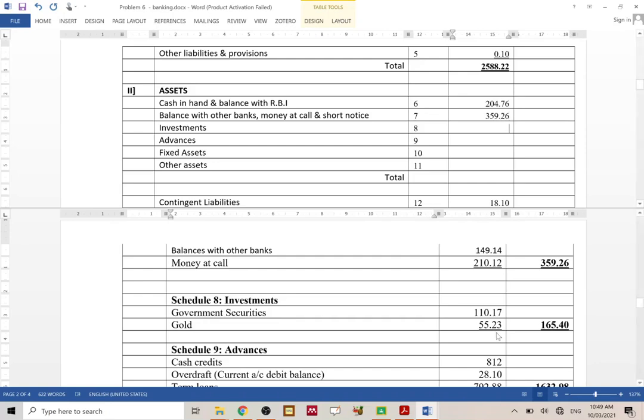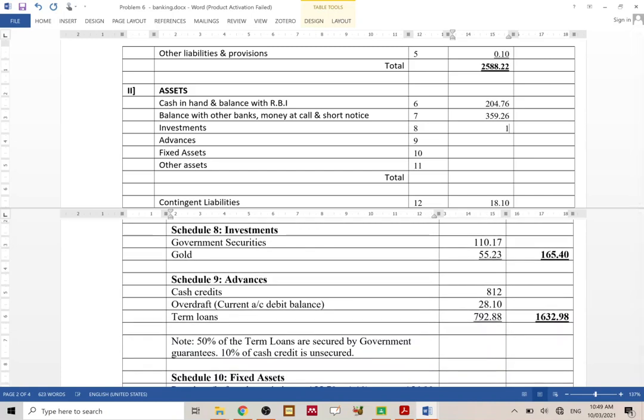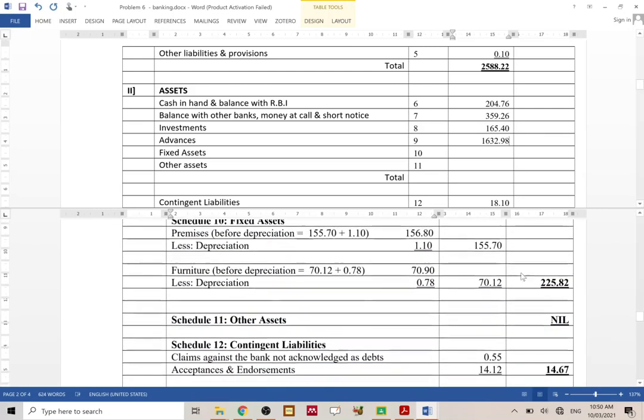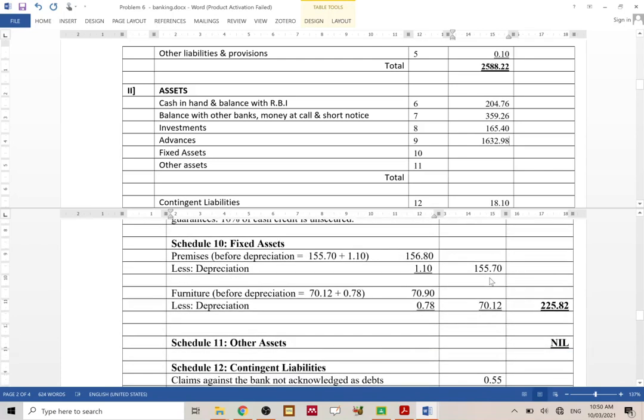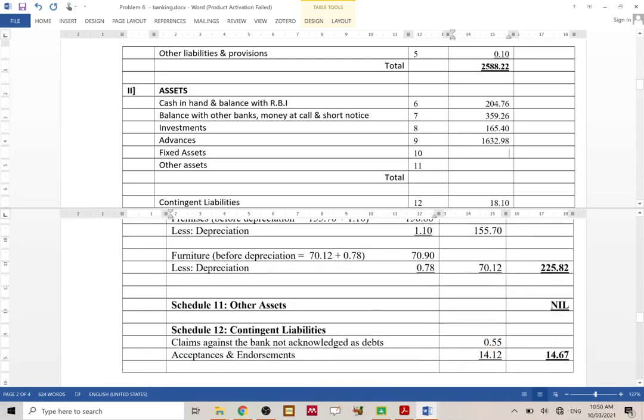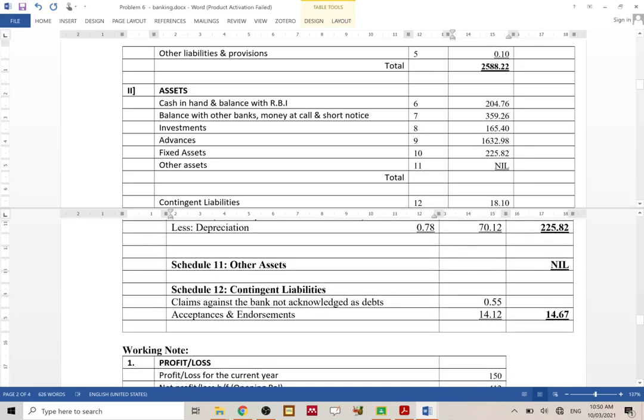Then investments 165.40, and advances 1632.98. Okay, fixed assets is 225.82. Other assets is nil. Okay, contingent liabilities will come later.